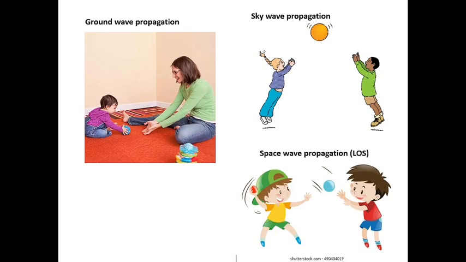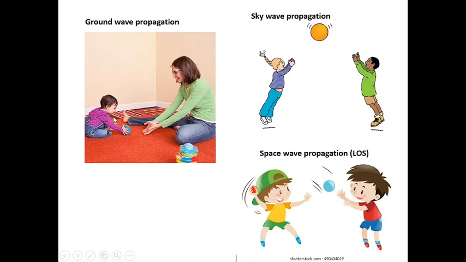Here we can observe some animated pictures showing ground wave propagation, sky wave propagation, and space wave propagation. See here, the receiver can receive the ball in 3 different ways. The other person is the receiver, so he can receive the signal, nothing but the ball, in 3 different ways. The first one is rolling on the ground. This kid is rolling the ball and the receiver is catching it.